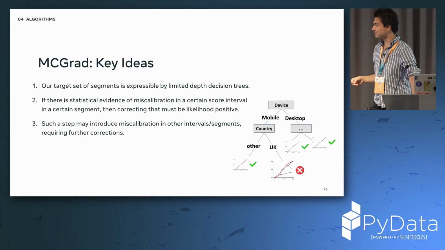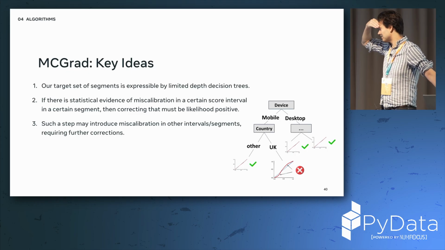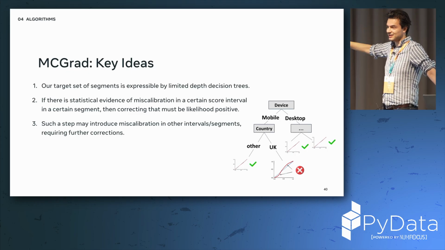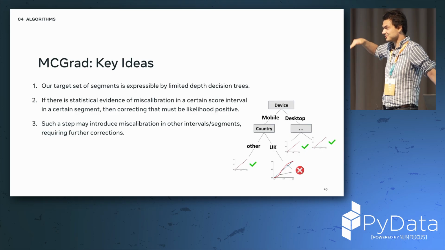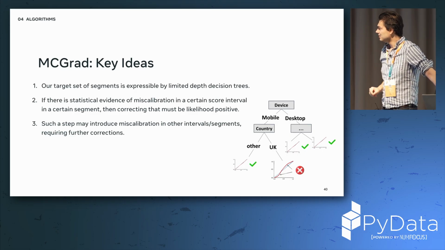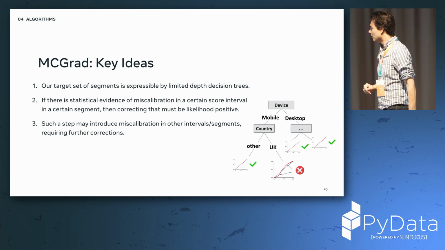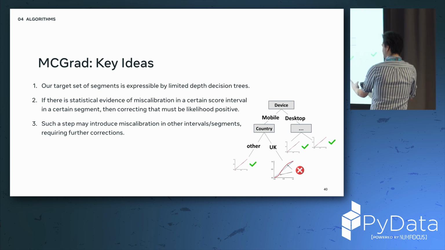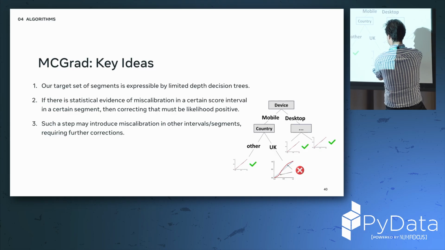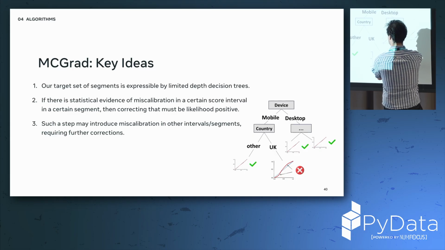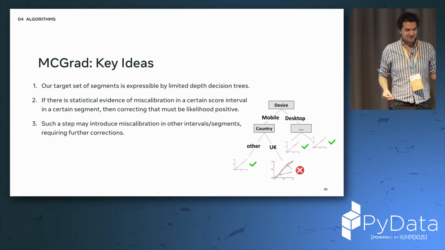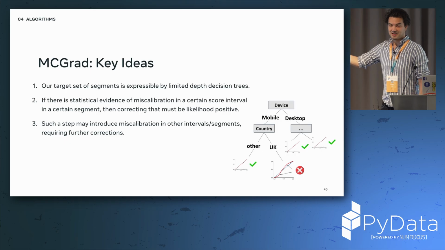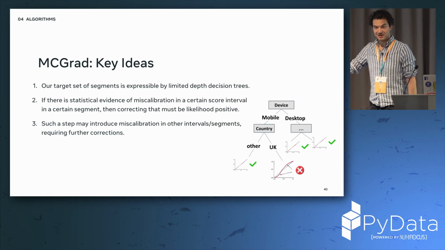But these can be local, right? Here we see this part needs some particular correction because we were too low. In this part we were predicting too high. So clearly these corrections are also dependent on the prediction we initially had, right?